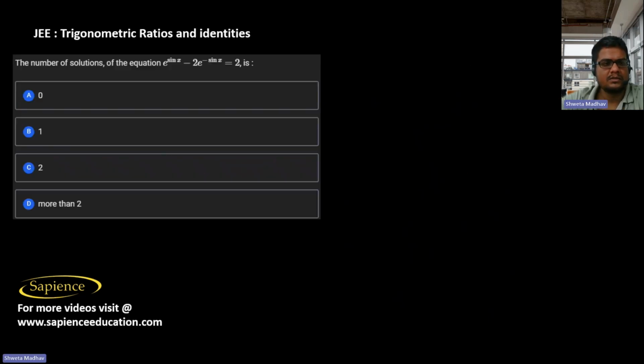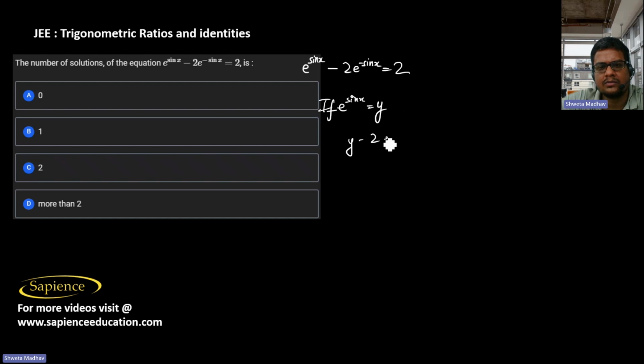Then here it is told to find the number of solutions of the equation e power sin x minus 2 e power minus sin x is equal to 2. So if I take e power sin x equal to y, then it will be y minus 2 by y is equal to 2.